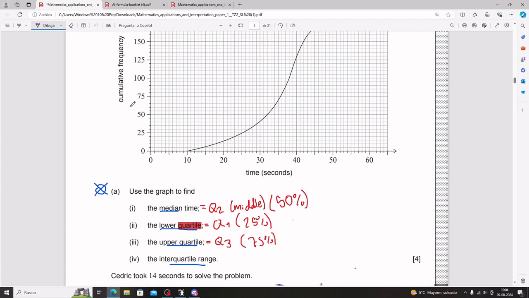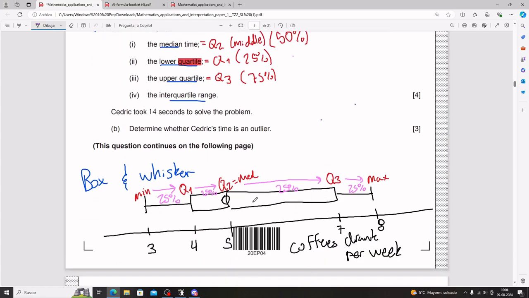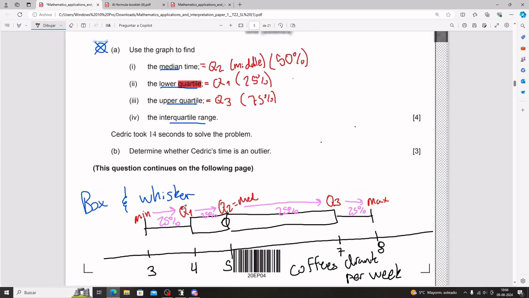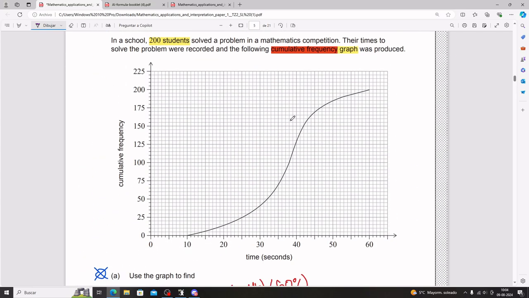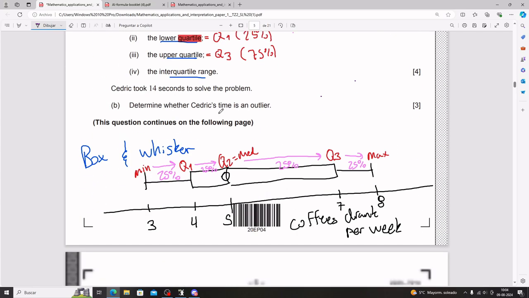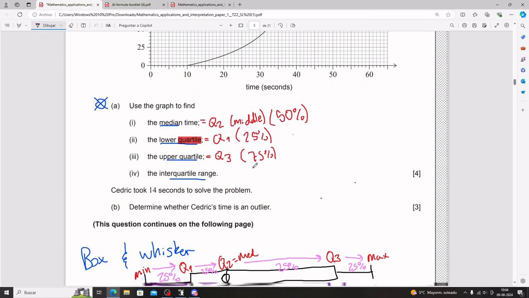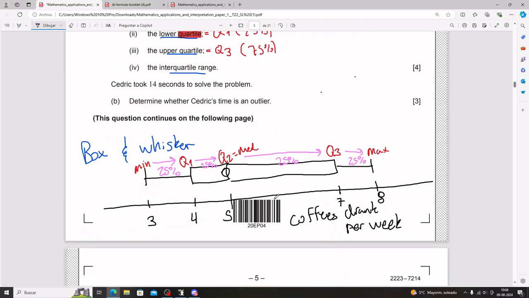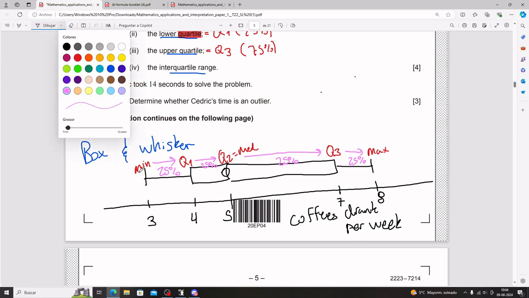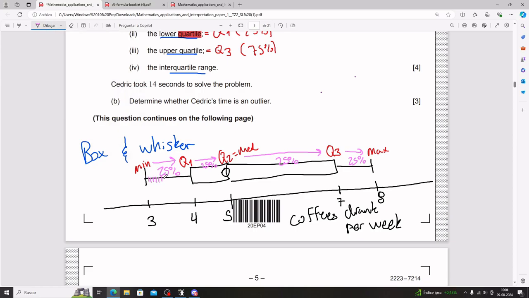So, we have the intuition of the box and whisker, how it looks visually. We're going to employ the same idea over to the cumulative frequency graph. Okay, so down below, and this is the main difference, the first student, the second student is somewhere in between in here. You're not sure where. It's hard to know.